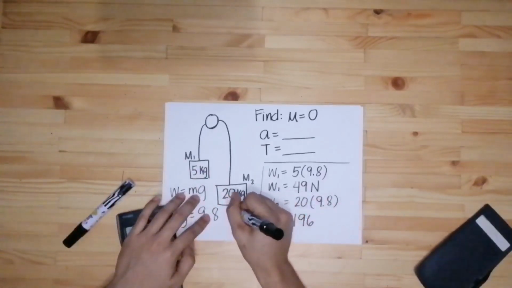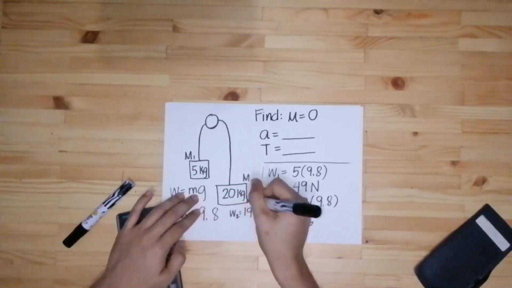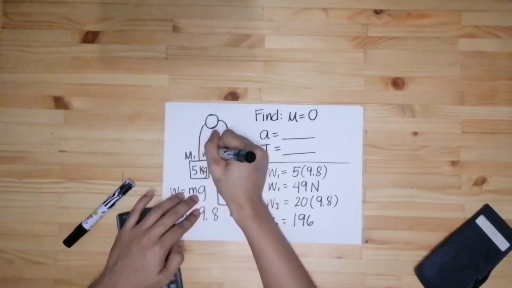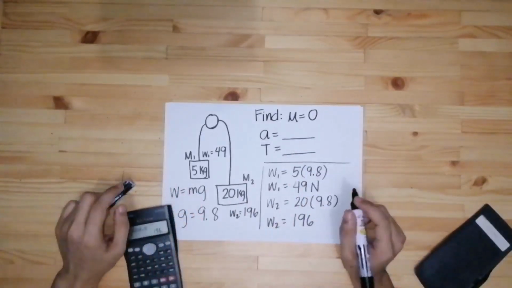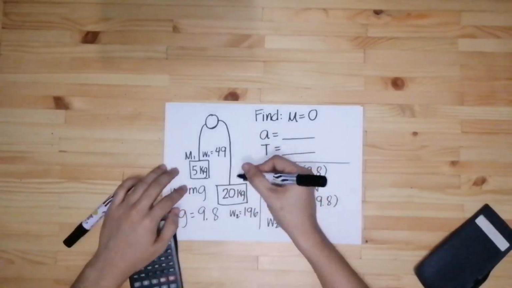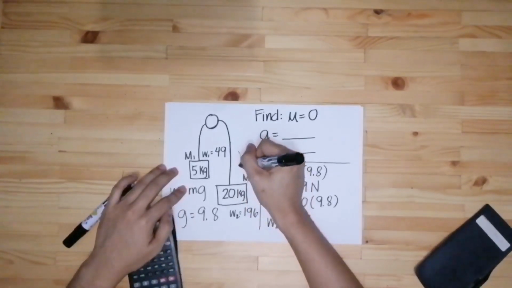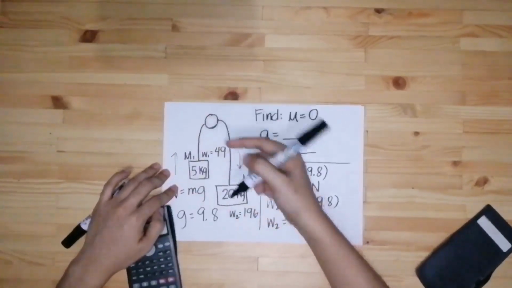So, ang weight nito ay 196. Then, ang weight naman nito is 49. So, kung mapapansin nyo, mas mabigat yung pangalawang object. So, kung mas mabigat to, ang tendency, itong 20 kilograms, babagsak siya. Then, yung 5 kilograms, aangat siya dun sa pulley.